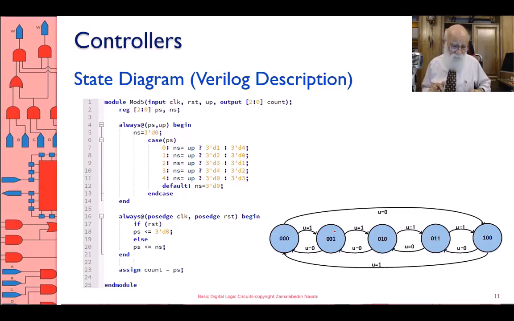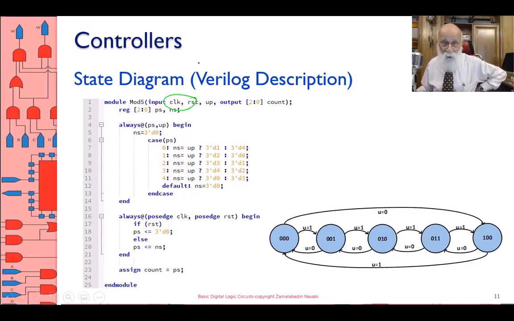All right, this is an up-down counter, which is this. The state diagram is this, and I'm going to show you the relation between this diagram and the Verilog description of it. The inputs, the clock and the reset are the inputs. Okay, that we don't really touch.